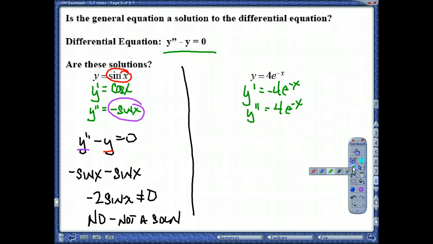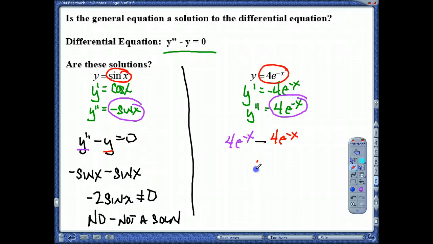So plugging them in where they go, this goes in for my y double prime, so 4e to the negative x minus my original, which is 4e to the negative x. That equals 0, which does equal 0, so that is yes, a solution. Oopsie.